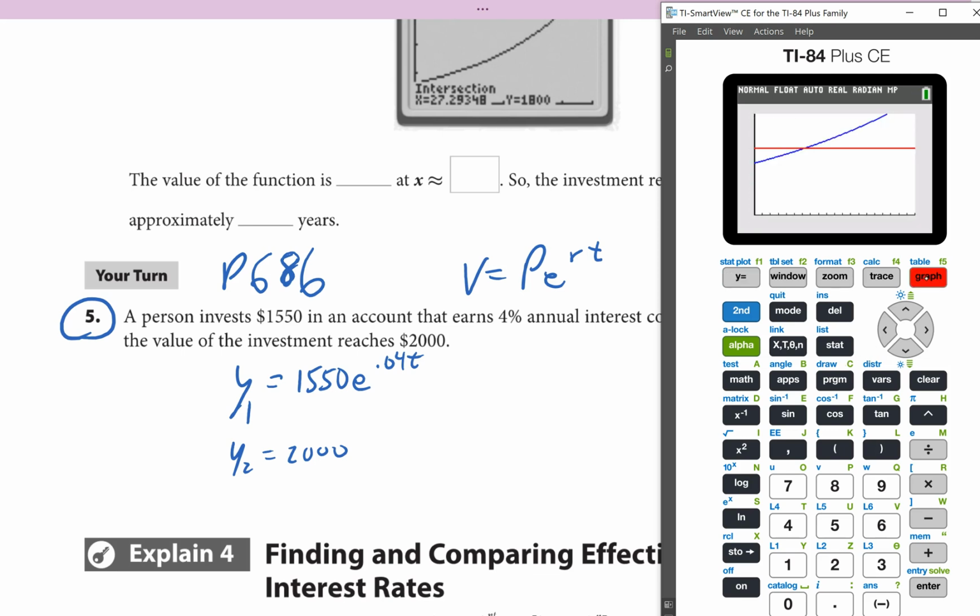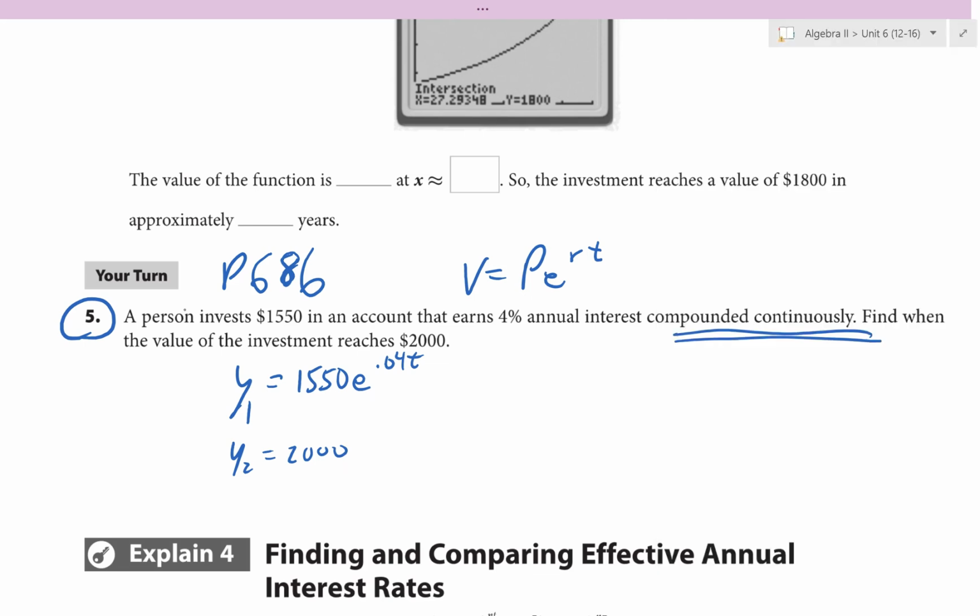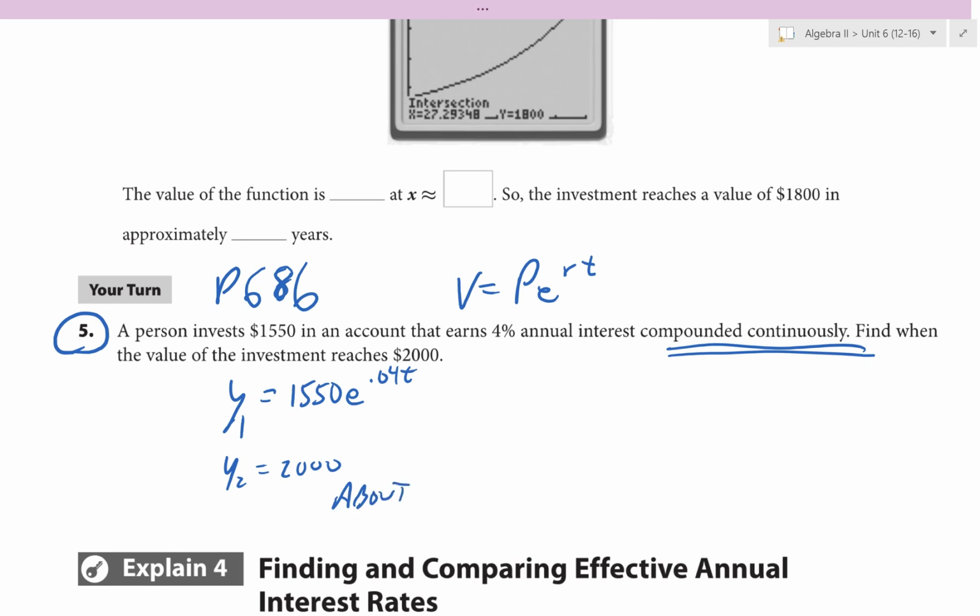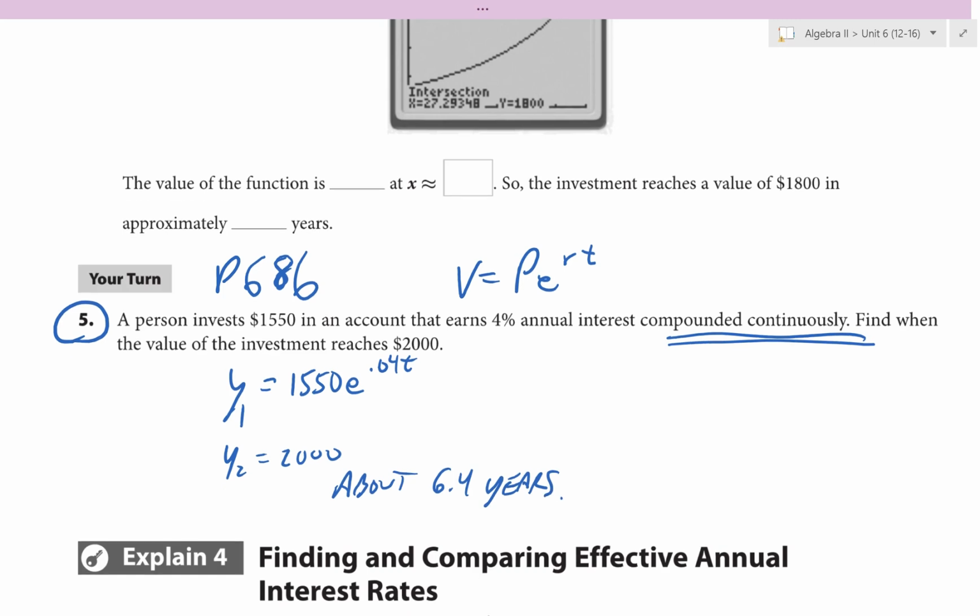When you graph that, you see the intersection, and then do second calc, intersect, first curve, enter, second curve, enter, and guess. Try to move a little closer, enter, and the intersection is at 6.37 years, so we'll call it about 6.4 years. Any questions on that one?